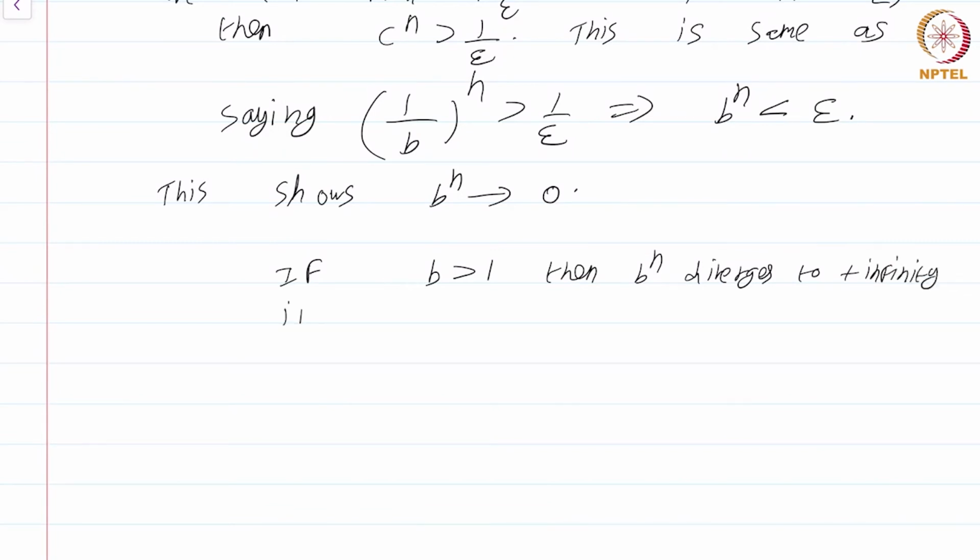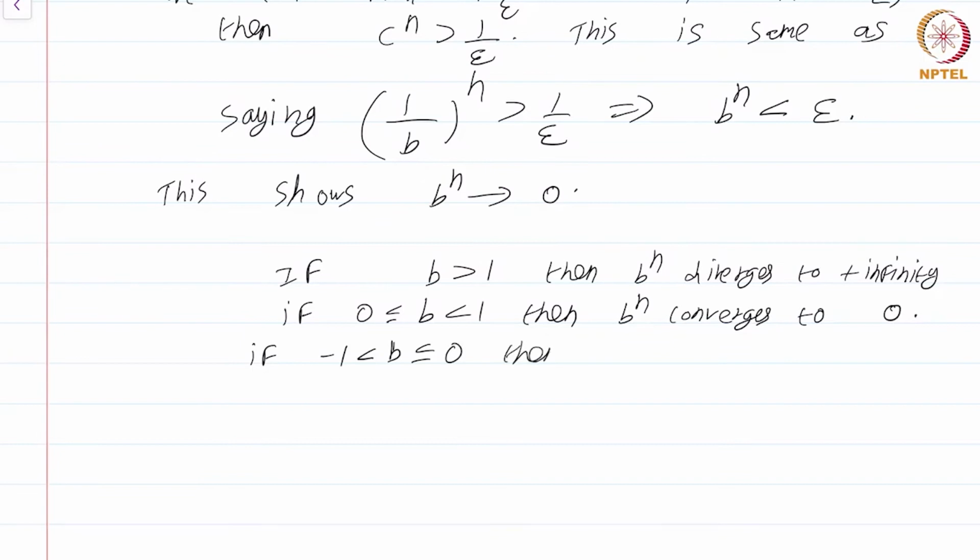If 0 ≤ b < 1, then b^n converges to 0. Okay. Now, if -1 < b ≤ 0, then b^n again converges to 0.